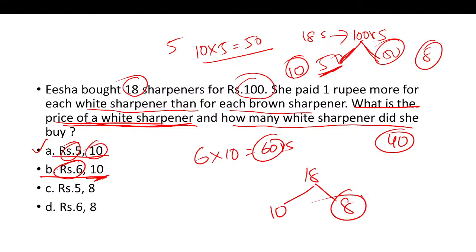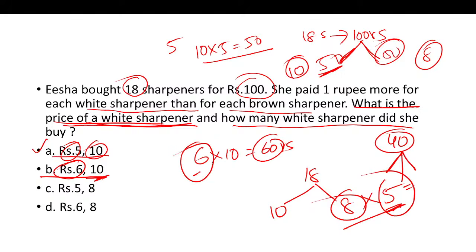If we spend 5 rupees on a brown sharpener, 8 into 5 is totally 40 rupees. That means white sharpener costs 6 rupees, brown sharpener costs 5 rupees, and she is spending 1 rupee more. Option B is the correct answer.